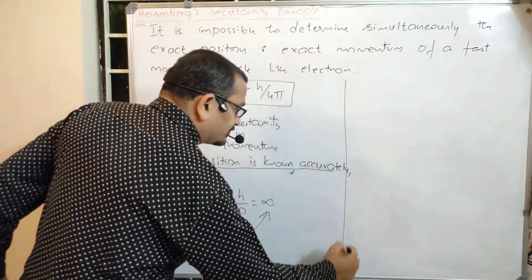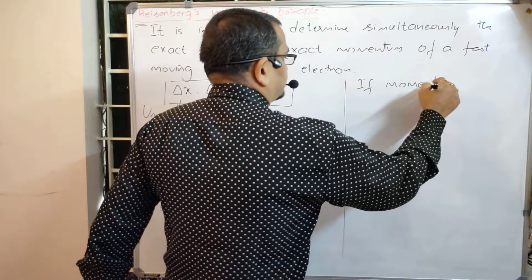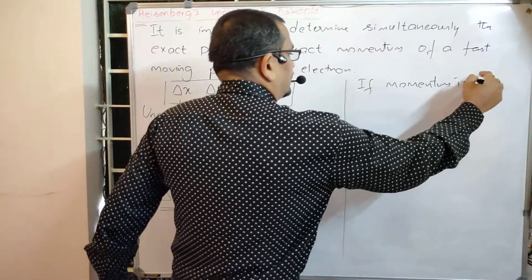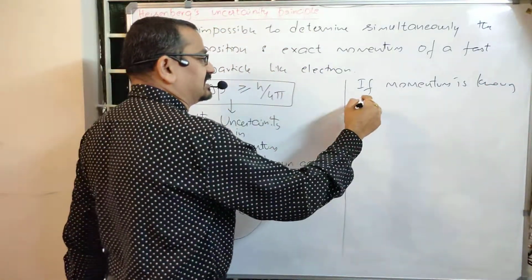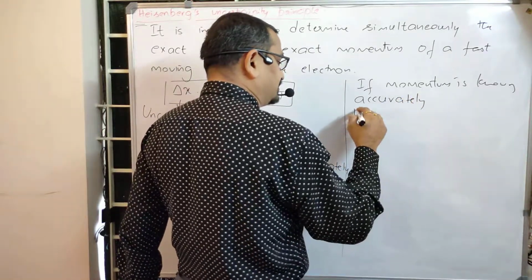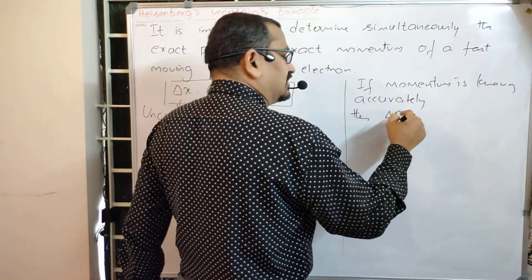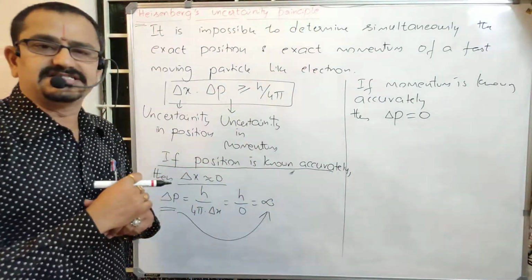Similarly, suppose its momentum is known accurately, then as momentum is clearly known, there won't be any uncertainty in momentum.